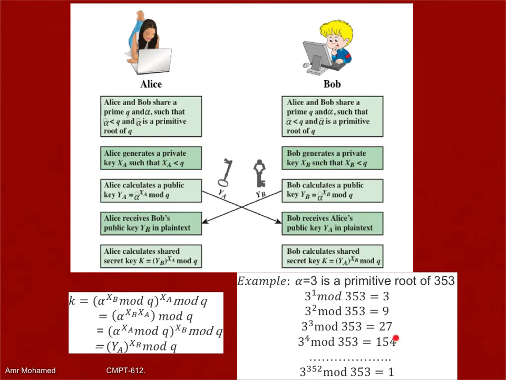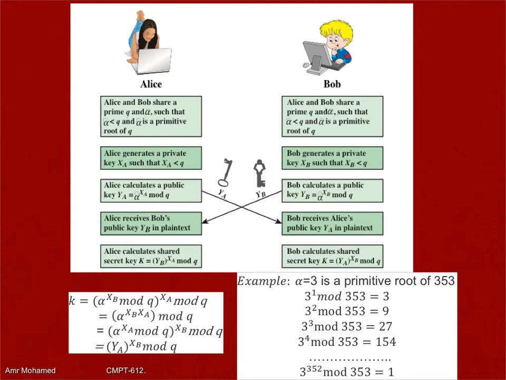You cannot have two numbers here that are the same. That's the condition for alpha to be a primitive root of q. And these numbers can be in any sequence. They don't have to be in a specific sequence. They can go up and down. Doesn't matter.